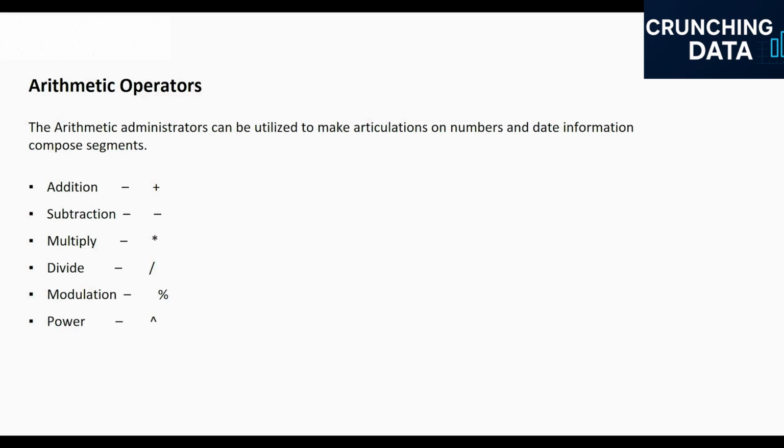The next one is formatting of results, in which we format the calculated fields to ensure that your results are presented in a clear and understandable manner. The last one is performing complex calculations, in which we combine multiple operators and functions to perform complex calculations tailored to your specific analysis needs.